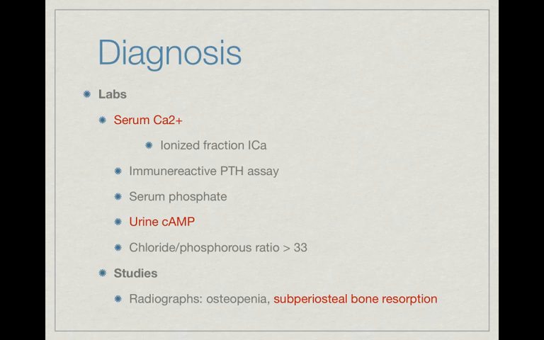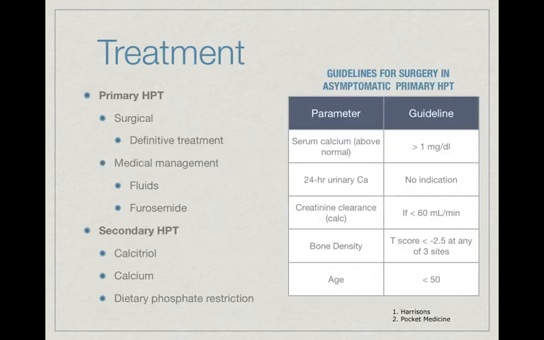You might not see this on your routine diagnostic tests, and maybe not even for hyper-PTH, but it's something to think about because you might see it on one of your board exams. Studies to order, radiographs, you'll see osteopenia due to the osteoclast breakdown of the bone and subperiosteal bone resorption. That is a characteristic feature of the kind of bone breakdown that we see with hyperparathyroidism.